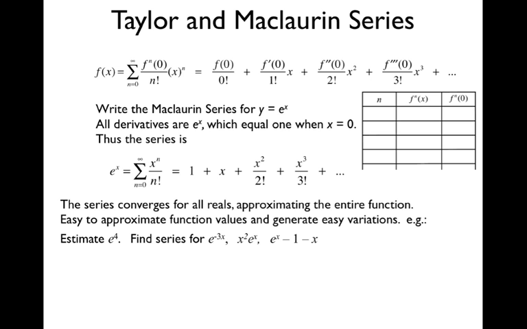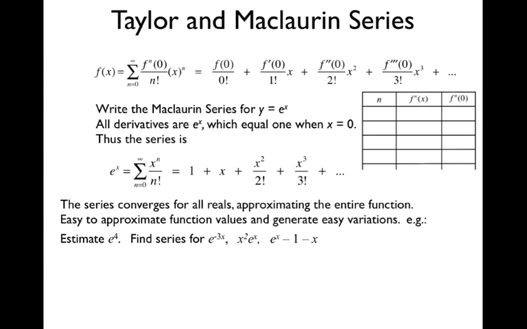So, for instance, e to the 4th. How can we estimate e to the 4th using our series that we built? What would e to the 4th equal according to the power series? How could I use the power series to estimate e to the 4th?